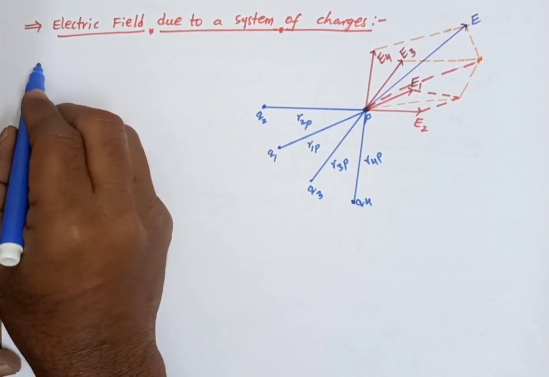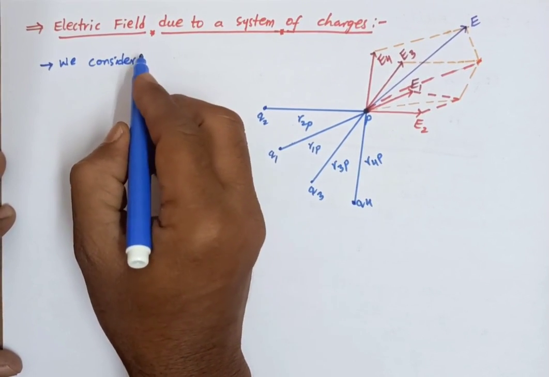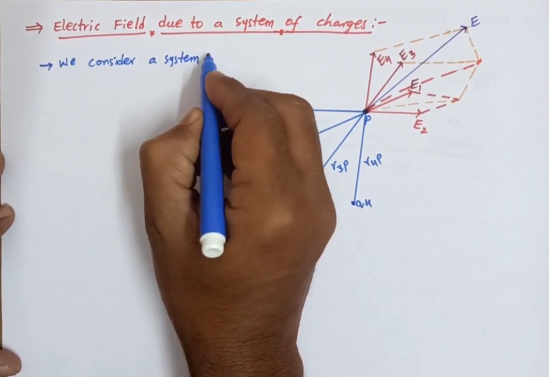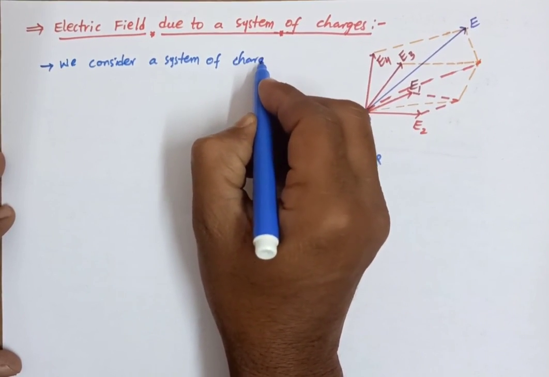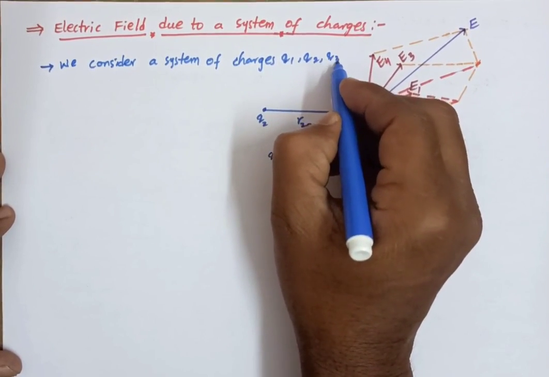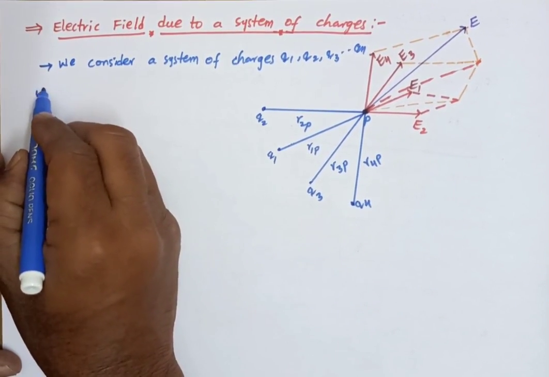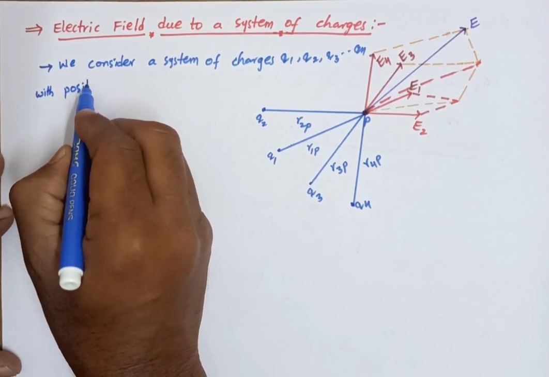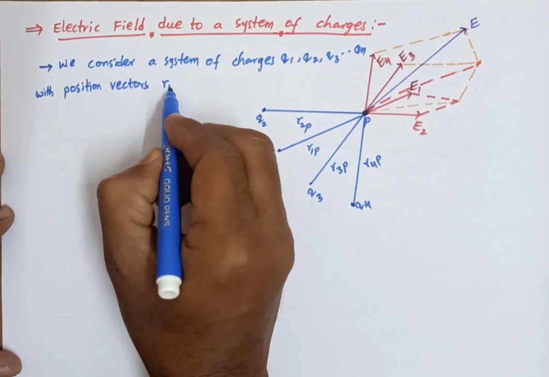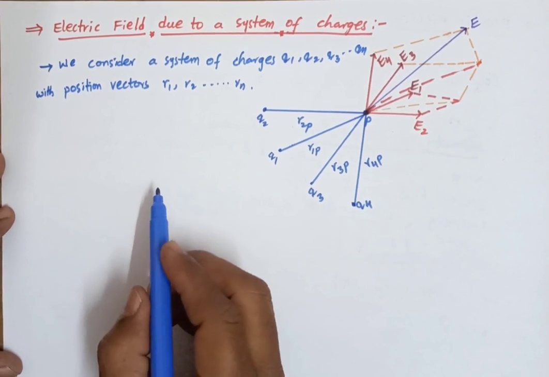Here we consider a system of charges q1, q2, q3, and so on up to qn, with position vectors r1, r2, and so on up to rn, related to the origin.